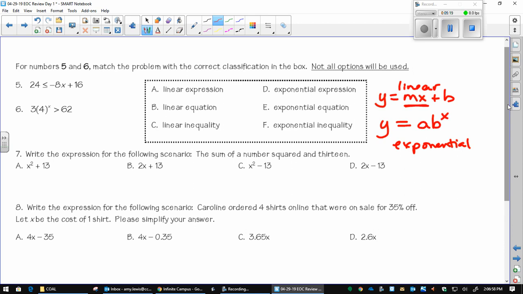So you got a little bitty x if it's exponential. Expression is no equal sign or inequality signs. Equation means, of course, just equals, and inequality means any of these signs. So number 5 would be a linear inequality, and number 6 would be an exponential inequality.